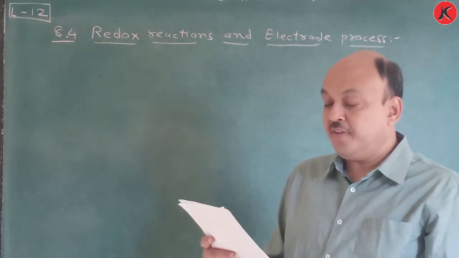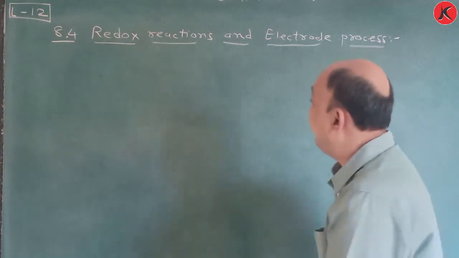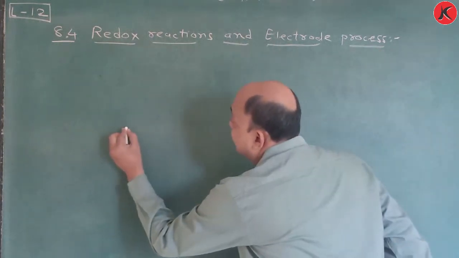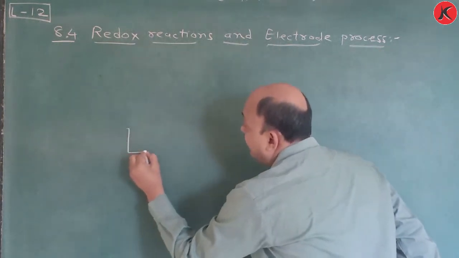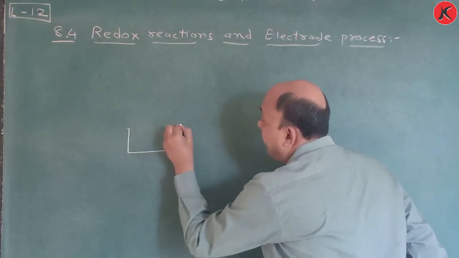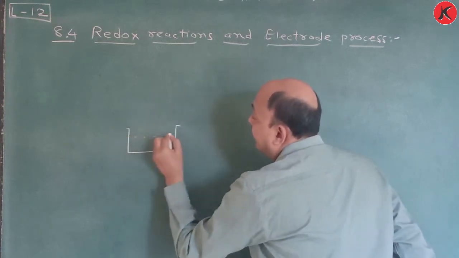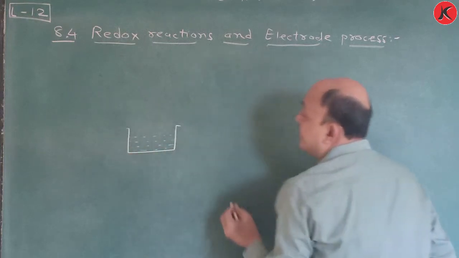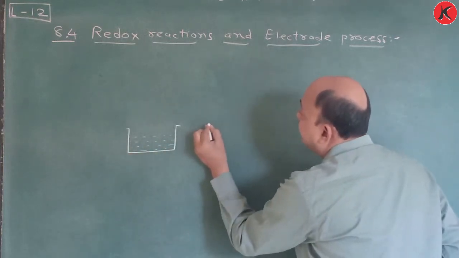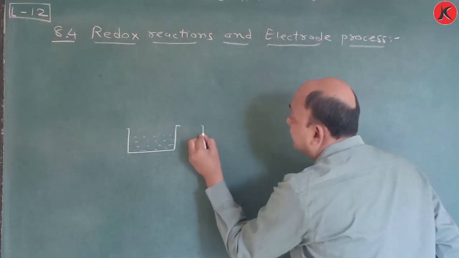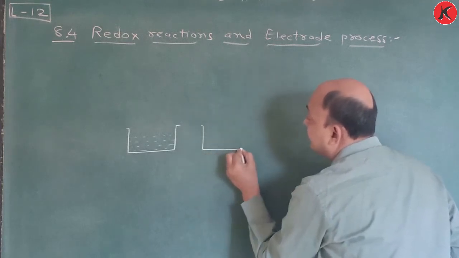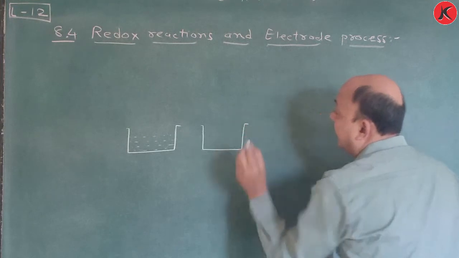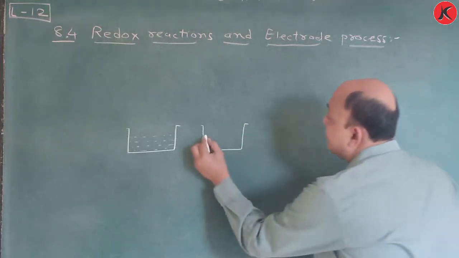Now, we modify the experiment in such a way that we have to take two vessels. We have to take two apparatus. This is our one apparatus, and this is another apparatus.